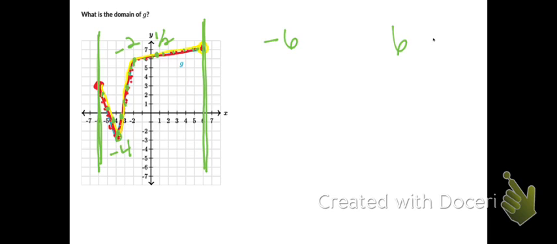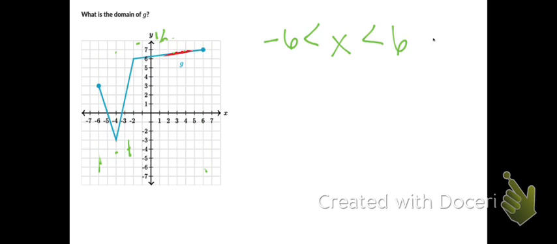So we say the domain is in between -6 and +6, or x is between -6 and +6. So it is less than 6 and greater than -6. And since there's a solid dot on the ends, then that means it is equal to -6 and equal to +6. So we put less than or equal to signs there.